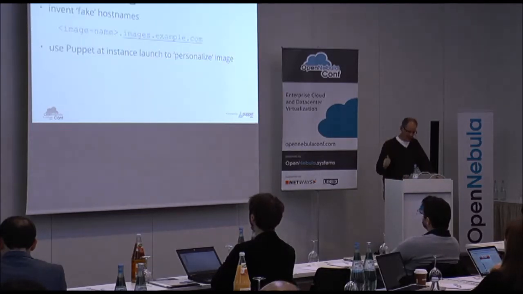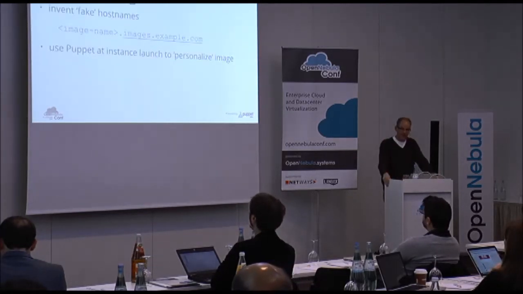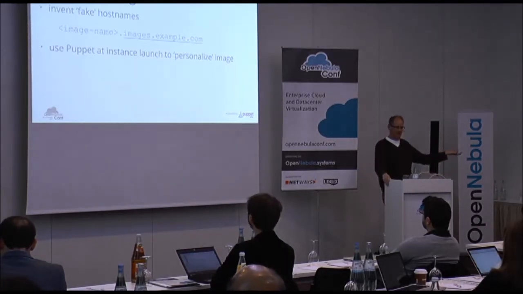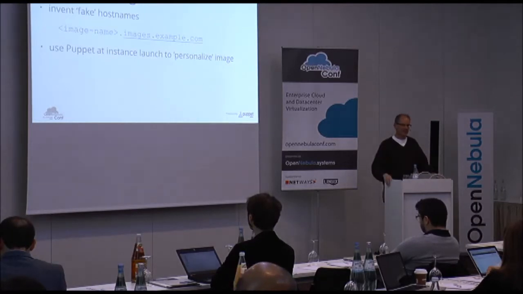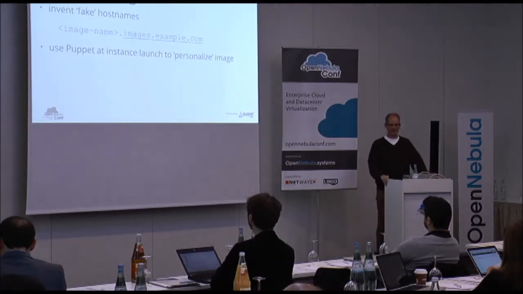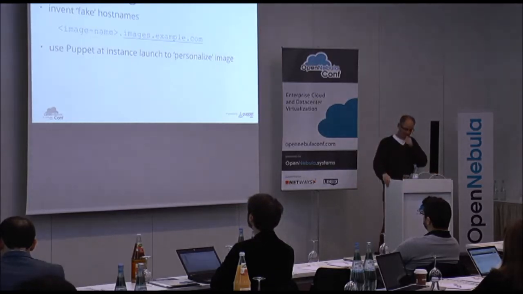One thing I highly advise is that you use the same sort of manifest that you use for running machines for your image builds, and you just invent some fake host names for the actual image builds. The image builds happen on some machine, but the name of that machine is completely irrelevant to what goes into that image. So just come up with some naming scheme that says, if I'm building an image for this sort of web server, I'm going to give it the fake host name webserver.images.example.com or something like that.